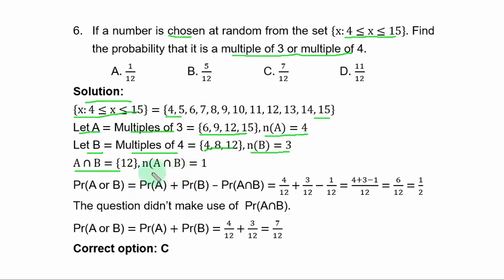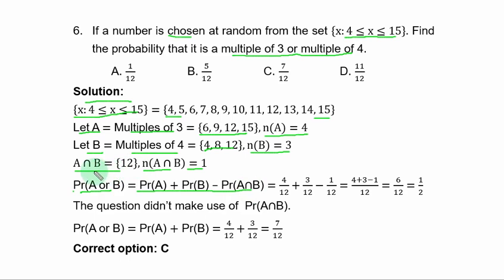So the number of elements in A intersection B is equal to 1. So the probability of A or B is expressed in this form from the concept of set theory.